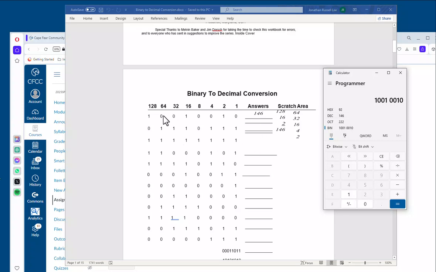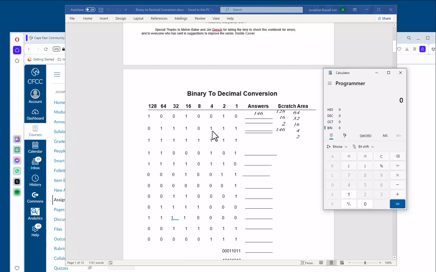Okay, now what about this next one here? I'm going to go ahead and clear this off. This one, we've got a 64 and a 32. 64 plus 32 is 96. 96 plus 16 is, let's see, no, 112.